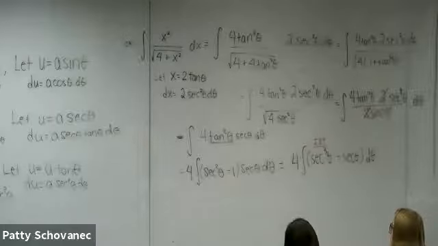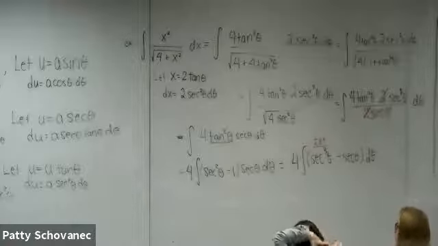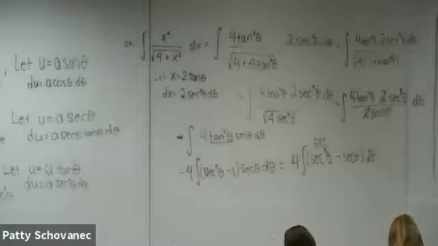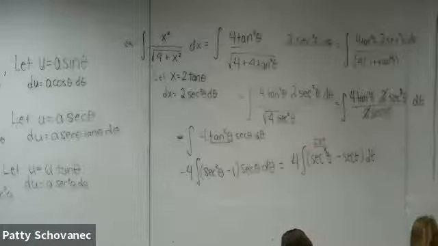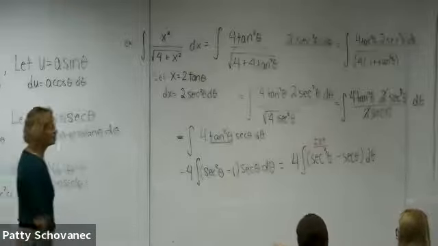So I add that to the other side, so we get 2 of those. And that gives us secant theta, tan theta, plus the natural log of the secant of theta, plus the tangent of theta. And so the last step is to divide by that 2.